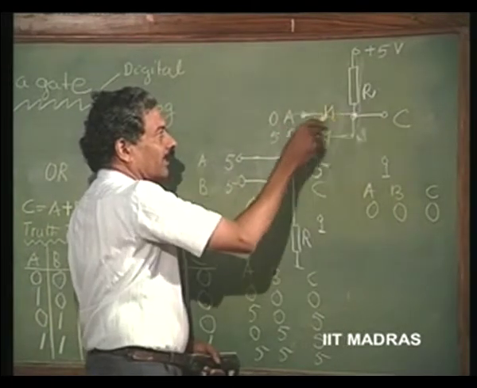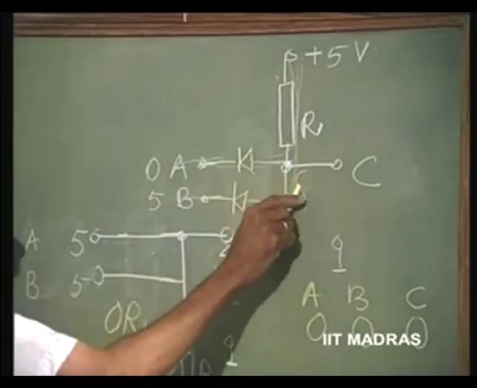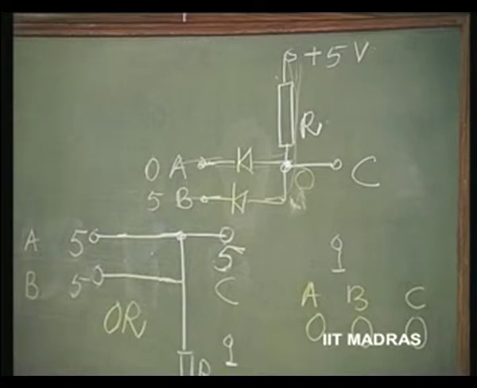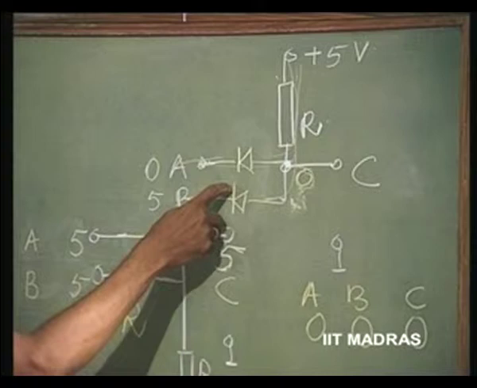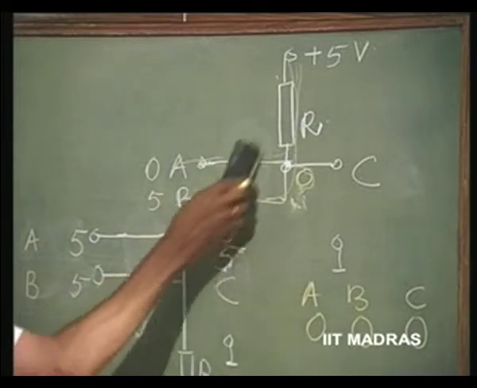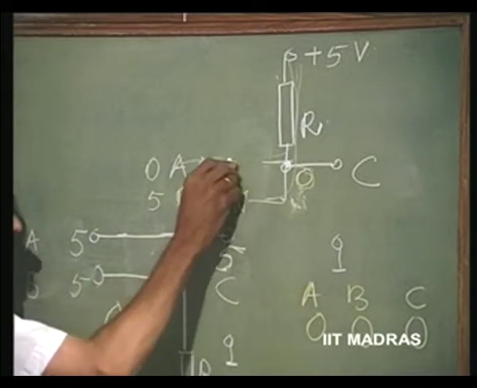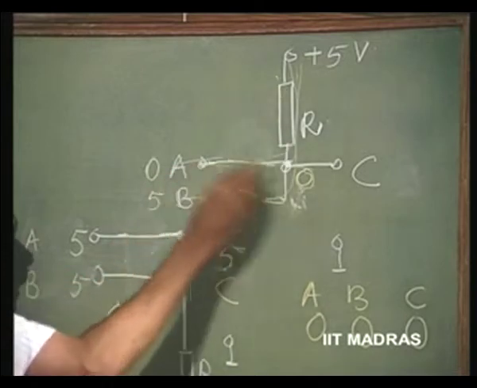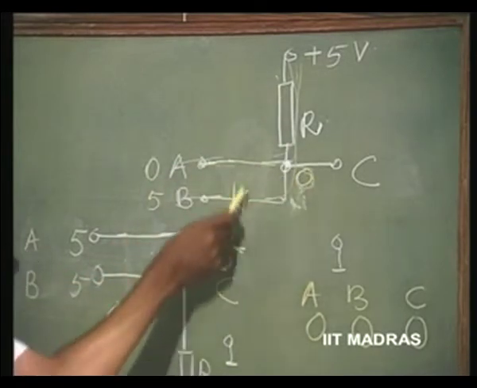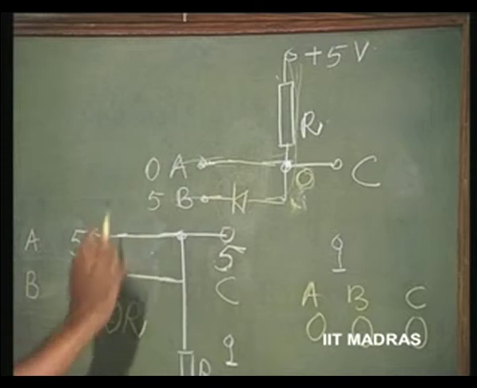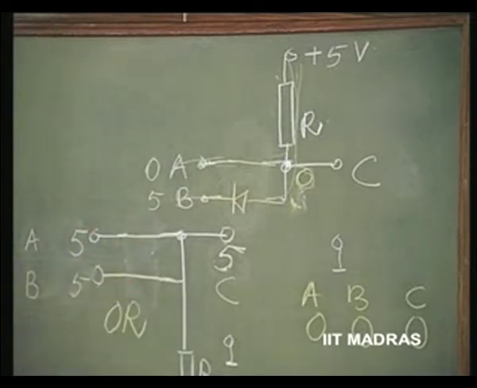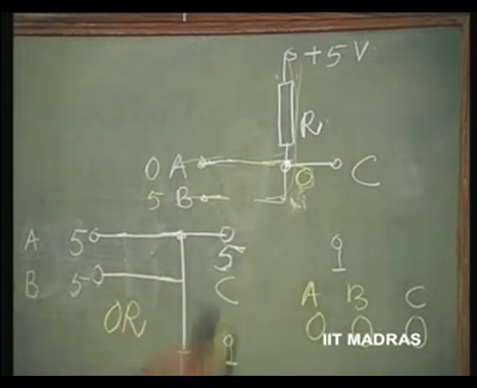This diode conducts and it is possible that this is at 0. If this is at 0, this diode gets reverse biased. So, this diode conducts and it maintains this voltage at 0 and this is reverse biased. So, this is possible. This is going to be an open. So, output is at 0.